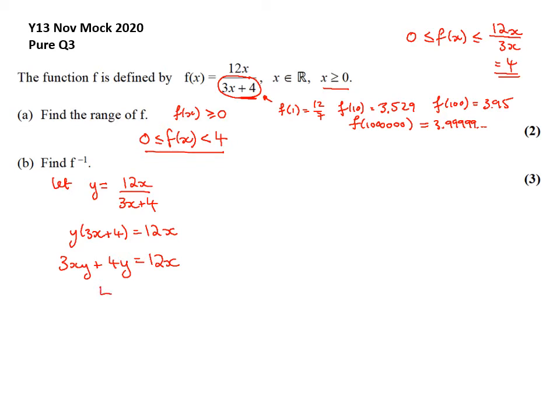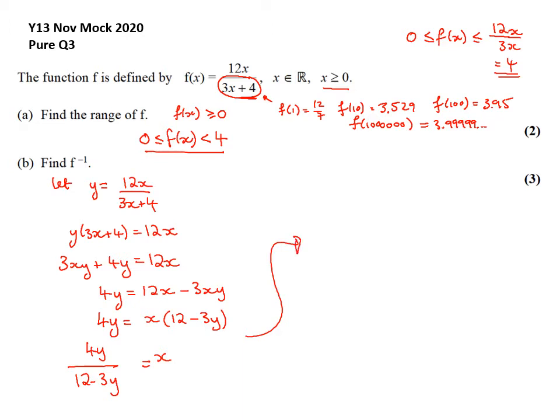Let's say, it doesn't matter which side really, 4y is 12x minus 3xy. I want to factorise out the x because I'm trying to make x the subject. And then I'm going to divide by that bracket. And I'll have 4y over 12 minus 3y equals x. And now that tells me that my inverse function is, and then I just replace those y's with x's, 4x over 12 minus 3x.